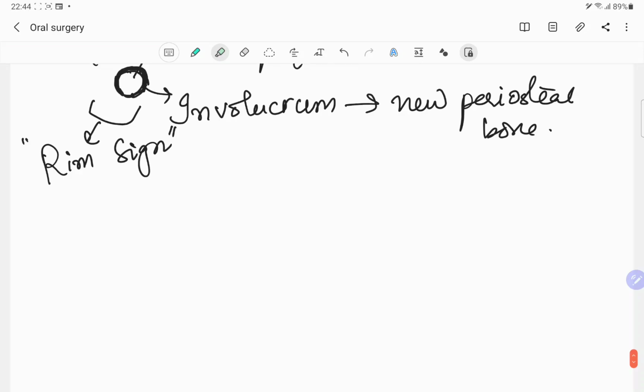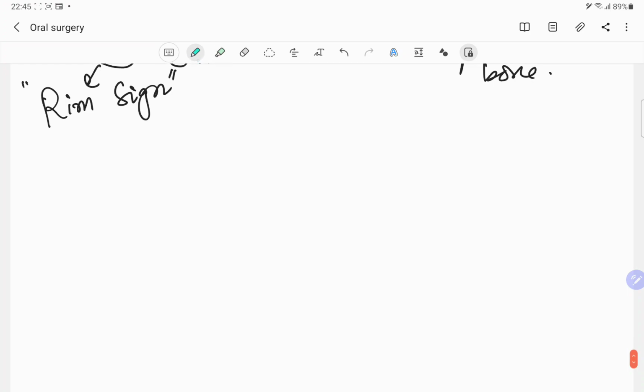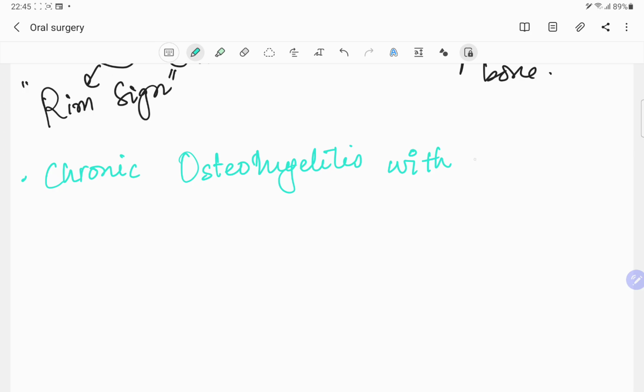We also see some non-suppurative conditions or lesions like chronic osteomyelitis with proliferative periostitis.